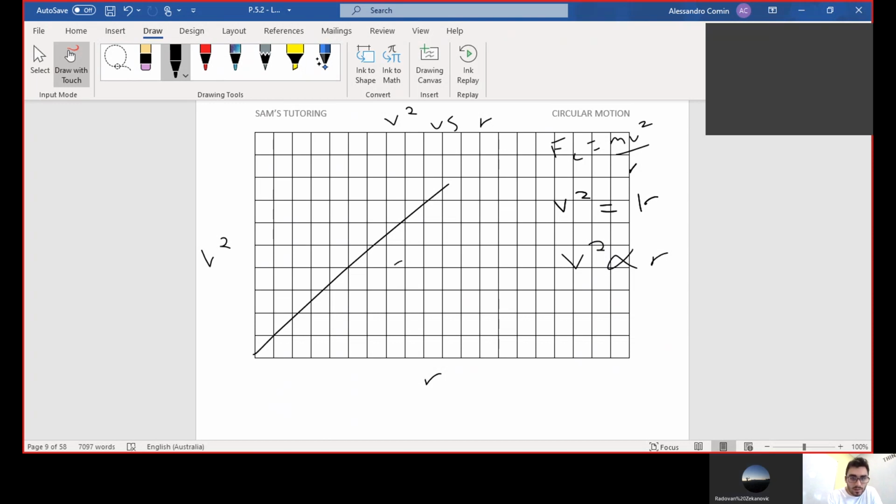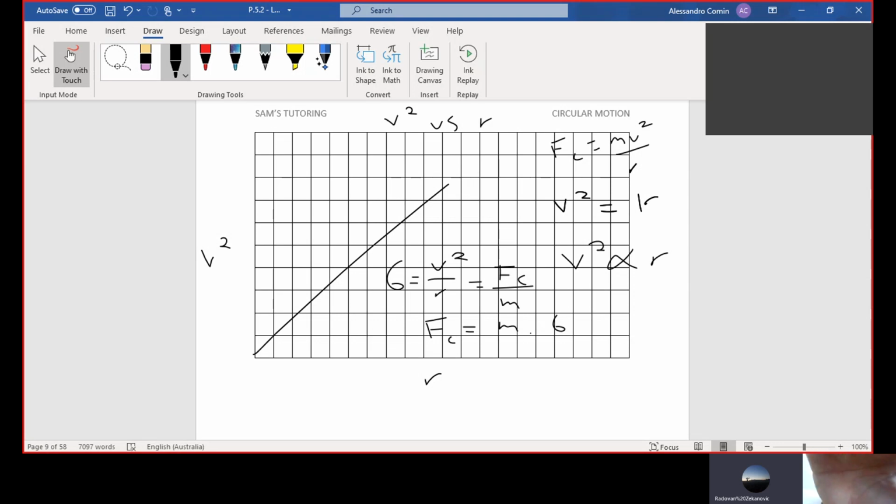So that means that the gradient g is going to equal v squared on r, which is going to equal fc on m. So therefore, fc is equal to m times the gradient. Does that make sense? Yeah, that makes sense.